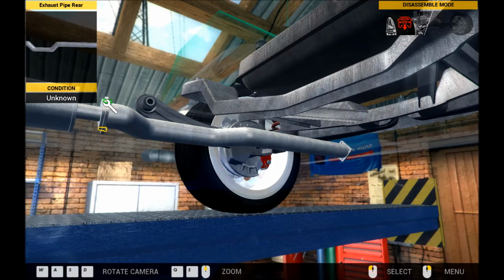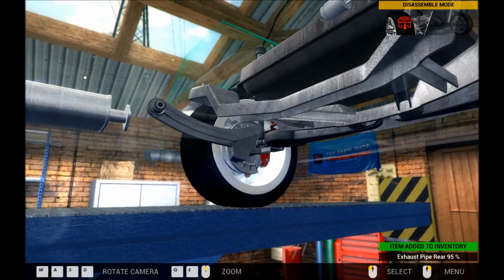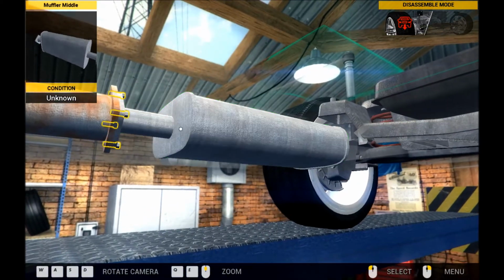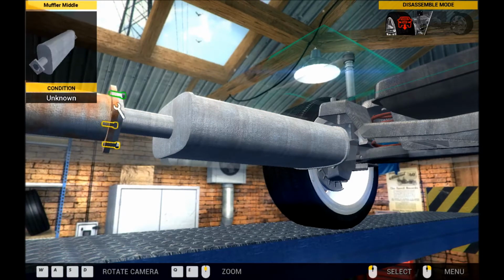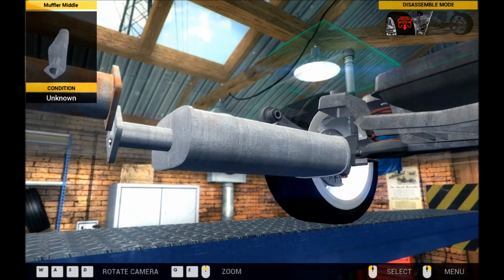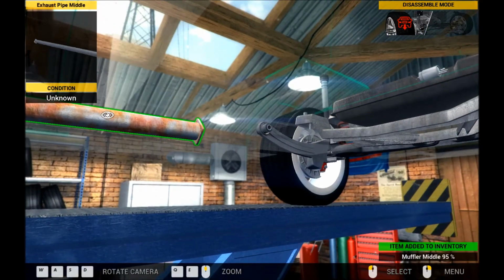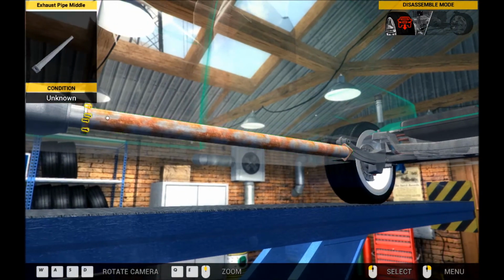Apparently, that's what it's called. Connects the back muff to the middle muff. Muff middle. And that allows us to connect to the exhaust pipe middle, which, although it says condition unknown, I think we can all agree is suffering from a certain case of brown.